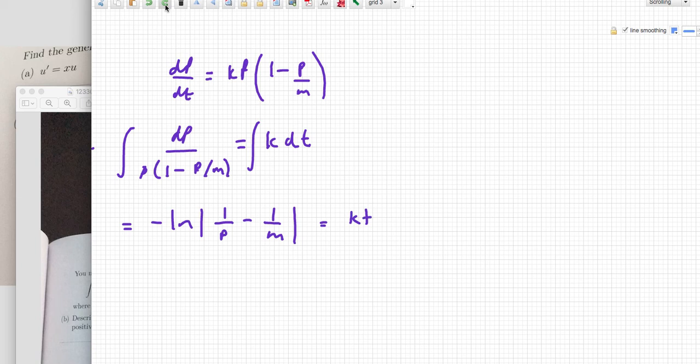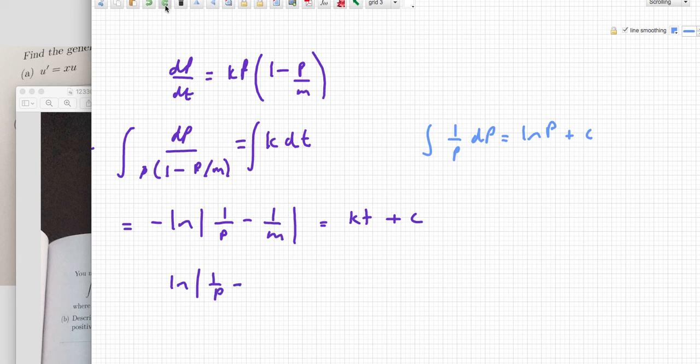On the right hand side, we get the integral of k dt, which is kt plus c. I've just written to the side here why that worked on the left hand side: if you have 1 over p dp, then it becomes log p plus c. The c that you get from this integral is just automatically moved across to this side and gets absorbed into this constant. So the two constants just become one.